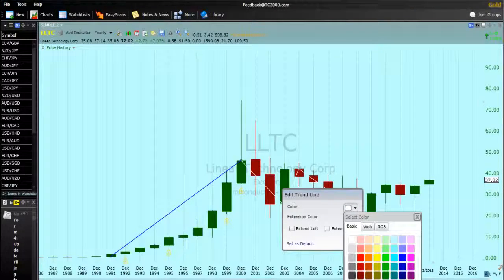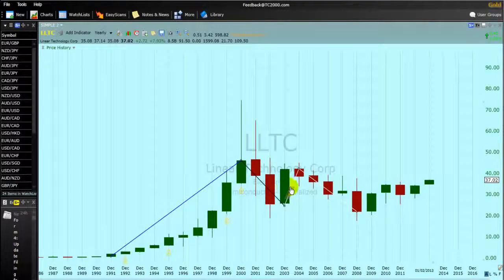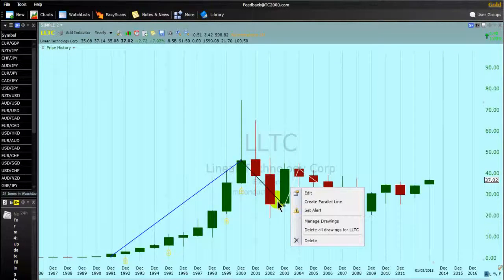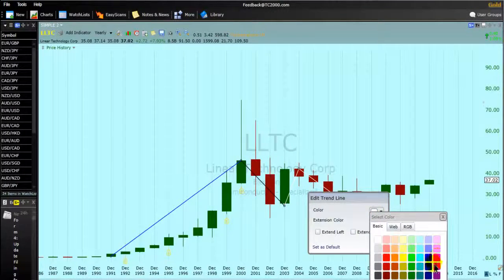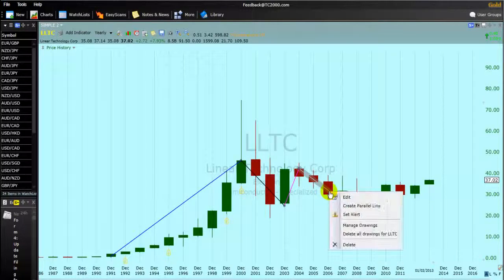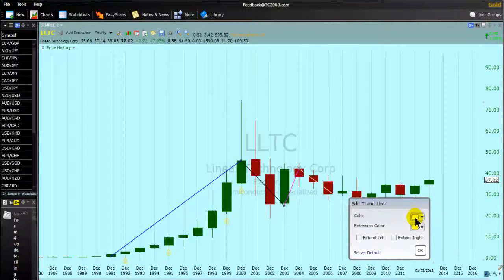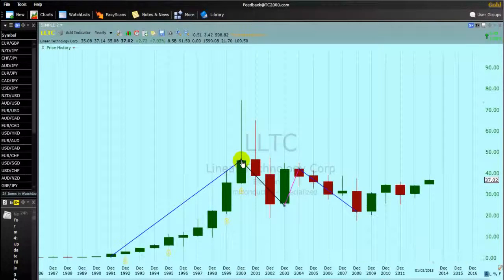I will use black to highlight. This is the A corrective phase. For the B corrective phase, use pink, and for the C corrective phase, I will use blue. But from here to here, that's the second Elliott wave.